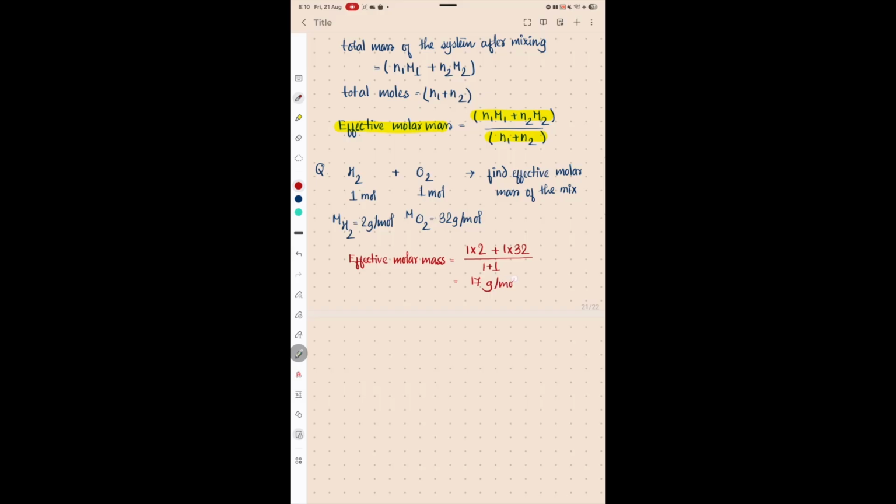Gram per mole. So 17 gram per mole is the answer.